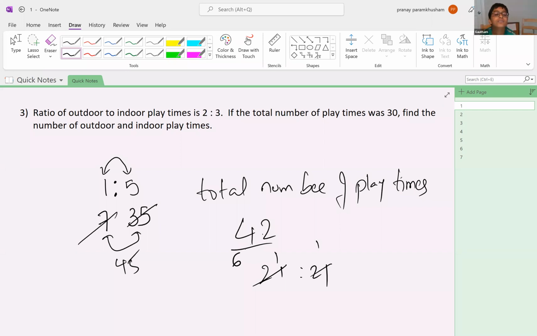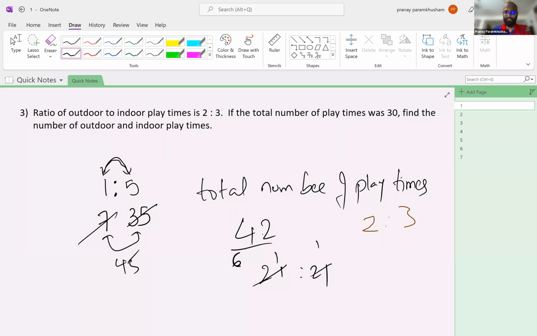Okay, now can you try this then? You have 2:3. First, what do we have to do? We added 1 and 5. I got a 6.